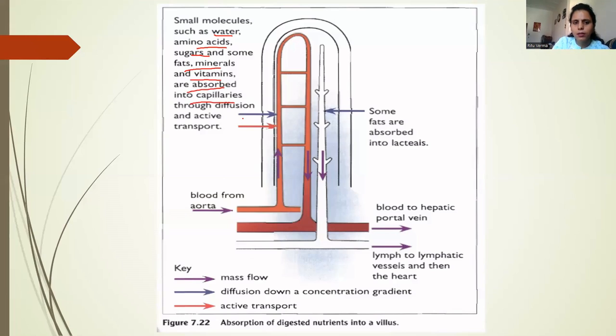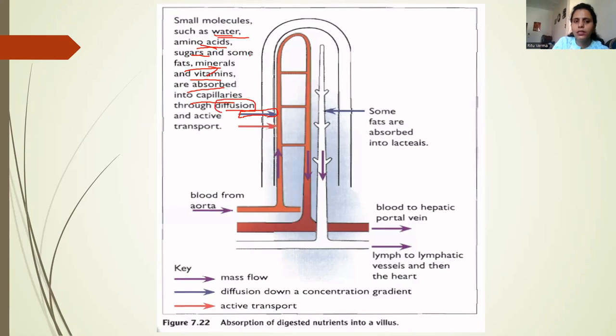This blue one shows capillaries. Now what happens is, when we talk about water, amino acids, minerals, vitamins, and some fats, all these are absorbed into these blood capillaries by the process of diffusion.